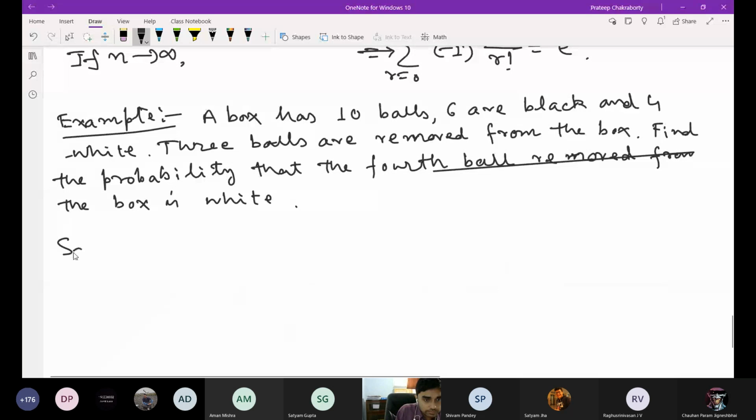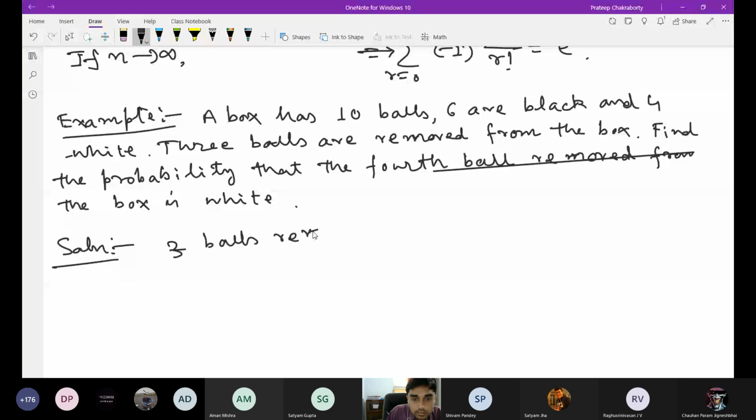Yeah, so how to do this? Okay, so there are three possibilities, right? Three balls removed at the beginning.